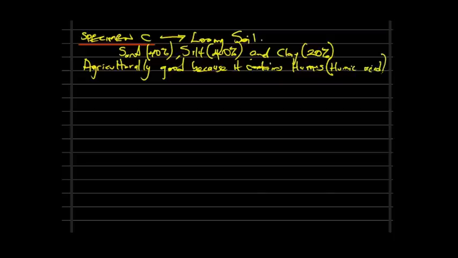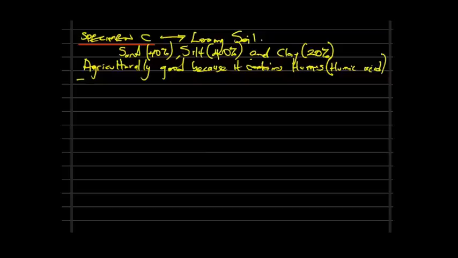There is what we call humic acid in the humus, so it is agriculturally very good. We said it is agriculturally good because it has more nutrients and moisture than the sandy soil.